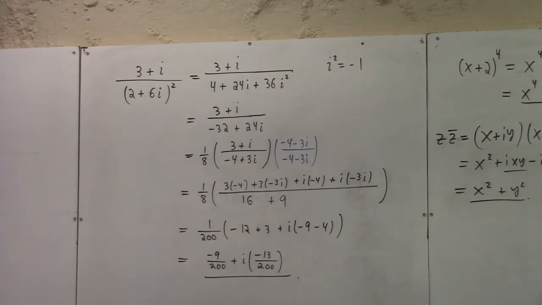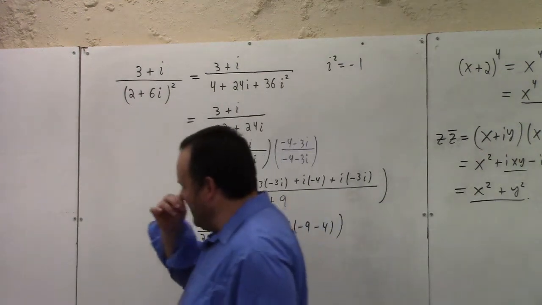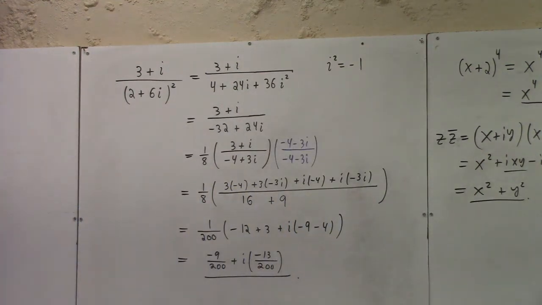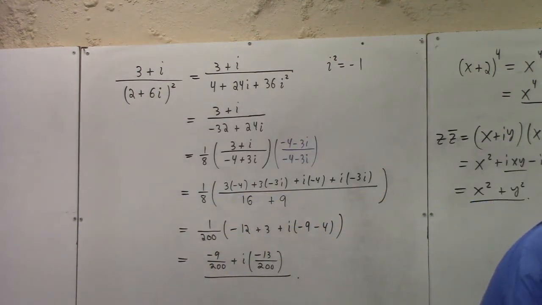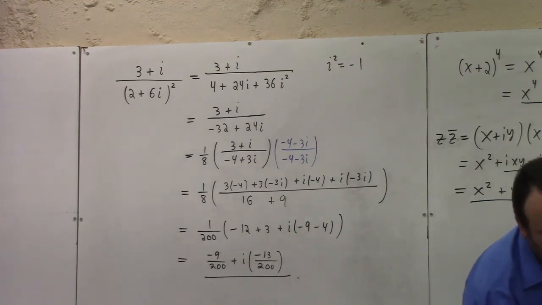So, did I get the same? I mean, there's a lot of arithmetic steps I made. So he got 9 over 200 minus 13i over 200. Yeah, that's what we got. I like to use this a lot to check arithmetic.